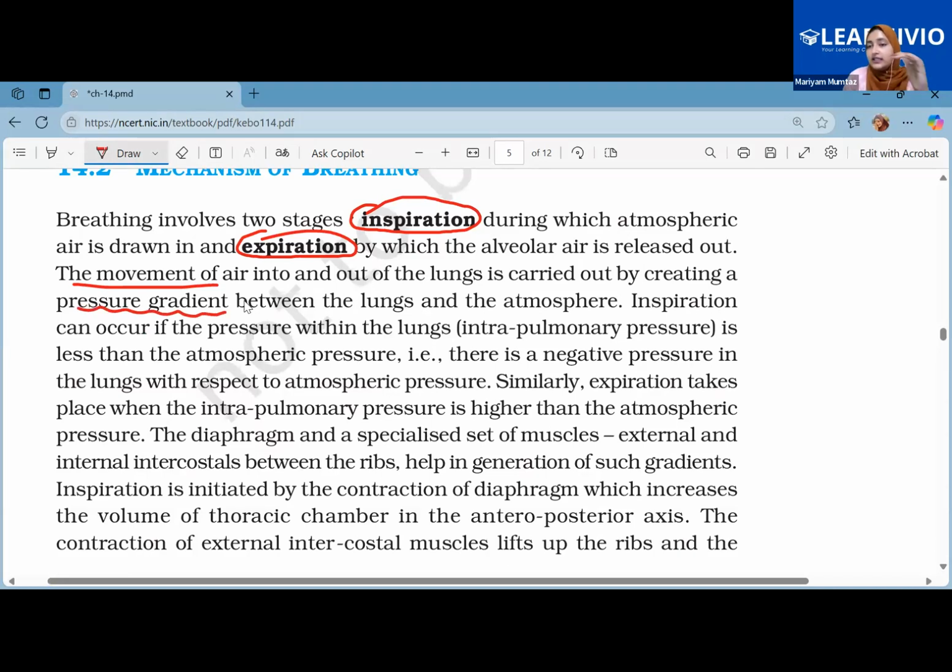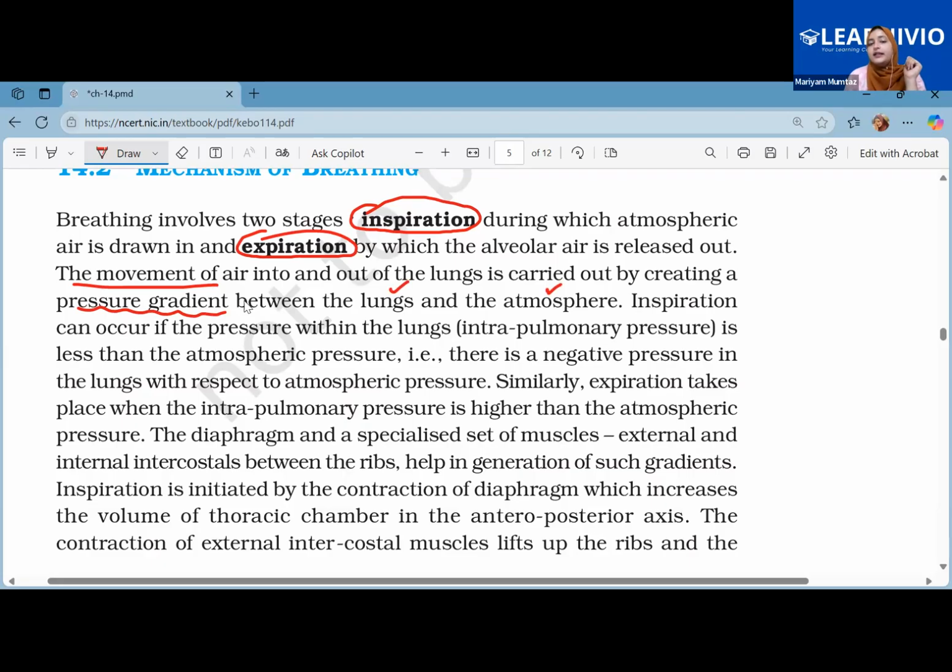What is a gradient? Gradient means anything that will be higher at one level and lower at another level. That's a gradient. Pressure gradient, volume gradient, temperature gradient, all sorts of gradients are present. Here, we are mostly concerned with the pressure difference or the pressure gradient between the lungs and the atmosphere.